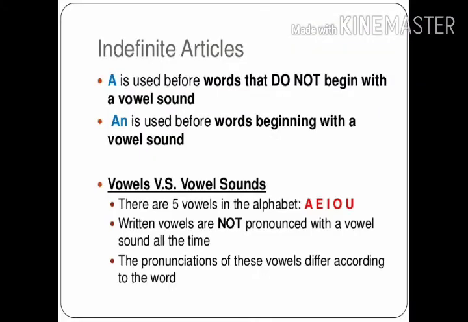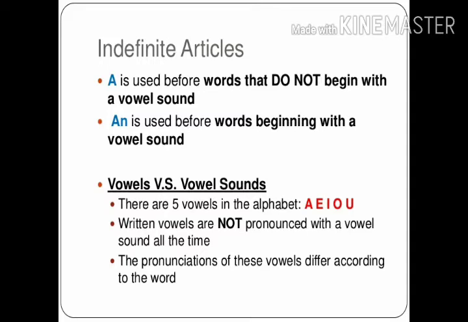Now the next one is an. A is used before words that do not begin with a vowel sound, but an is used before words beginning with a vowel sound.